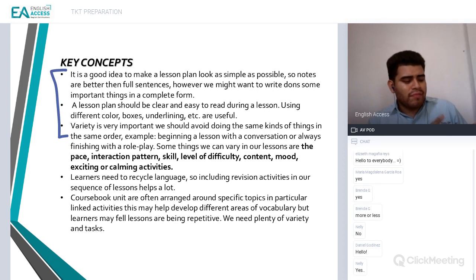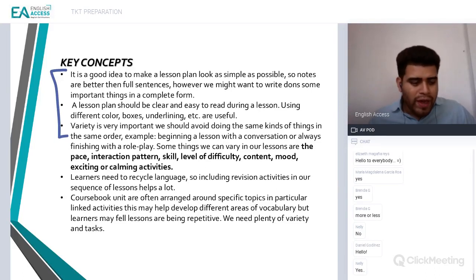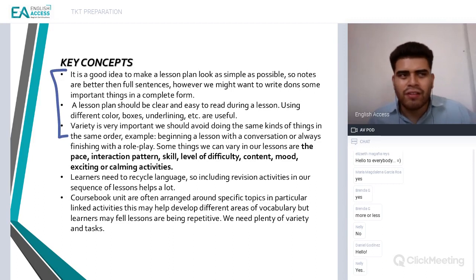To me, the S means student, P means pairs, OP means open pairs, etc. Make it easy for you to understand. It's not necessary to write like a recipe, anything like that. As long as you can understand it, it's clear, it's okay.